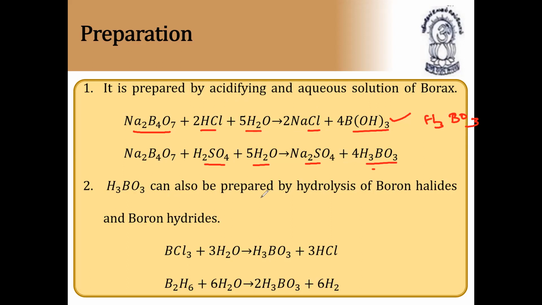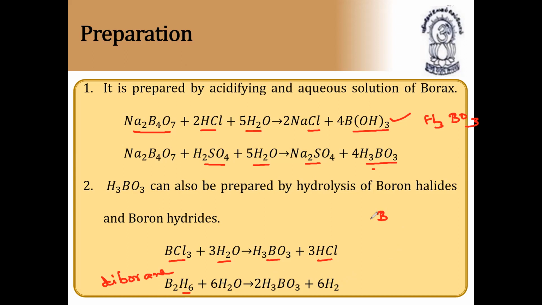H3BO3 can also be prepared by the hydrolysis of boron halides and hydrides. So BCl3 on hydrolysis forms H3BO3 plus HCl. B2H6 is called diborane, the hydride of boron, a very important compound. Diborane combines with water and forms H3BO3 plus 6 hydrogen molecules.